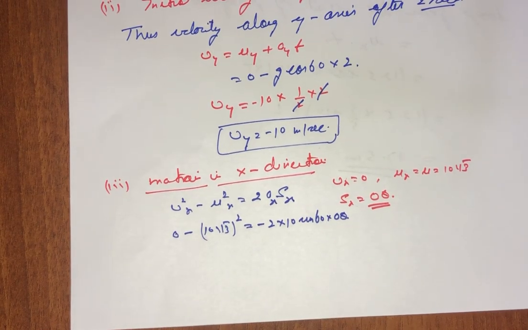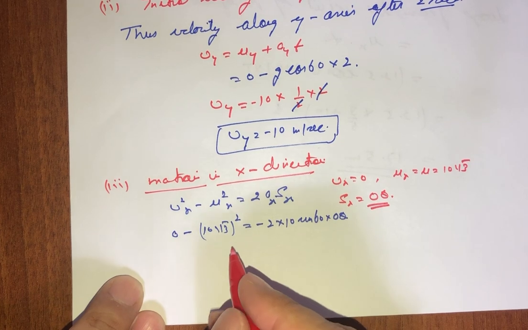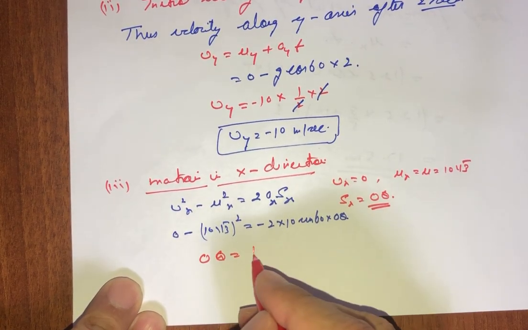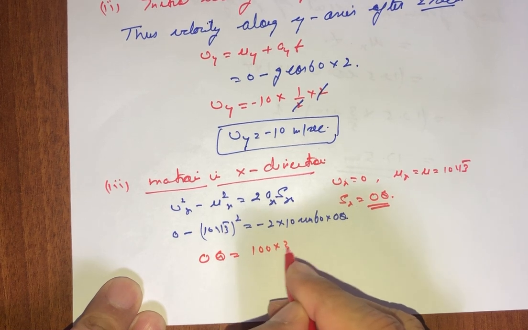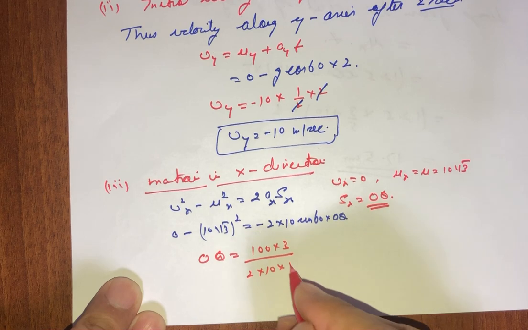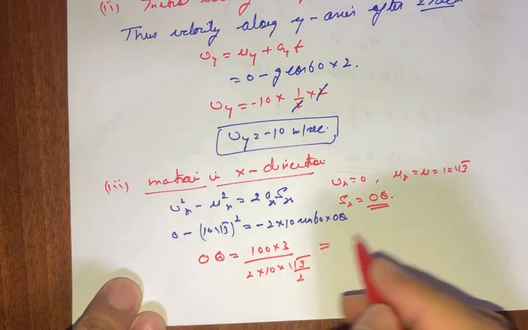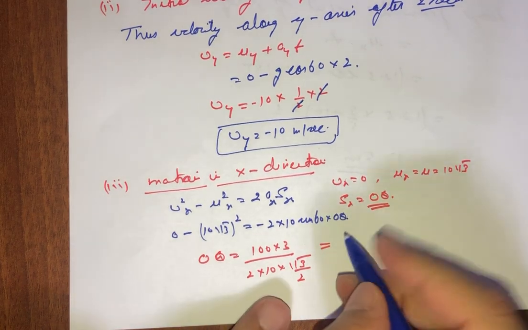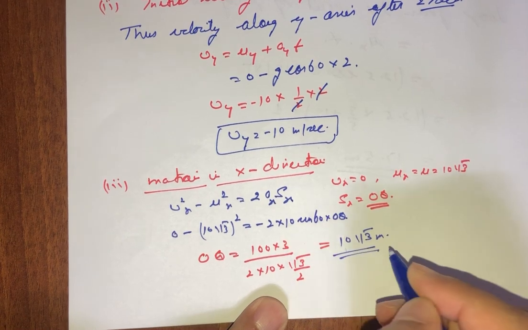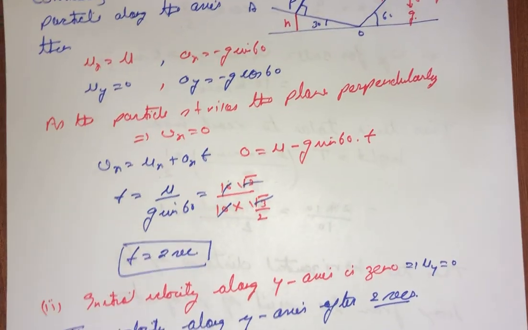So from here we can find out OQ. We write OQ is equal to 100 into 3 divided by 2 into 10 into root 3 divided by 2. So this will be coming as 10 root 3 meters. So we found out that our OQ is 10 root 3 meters.